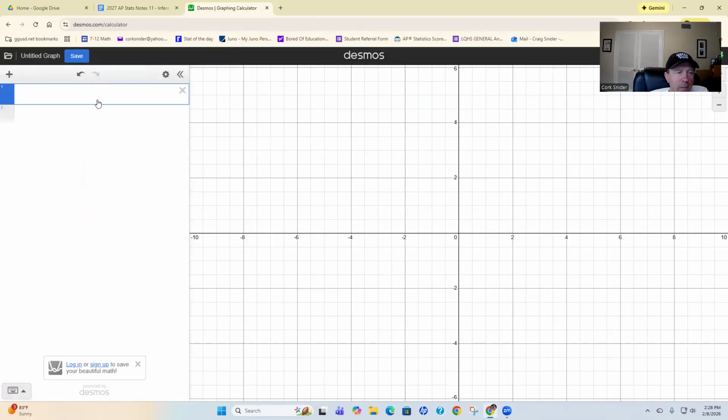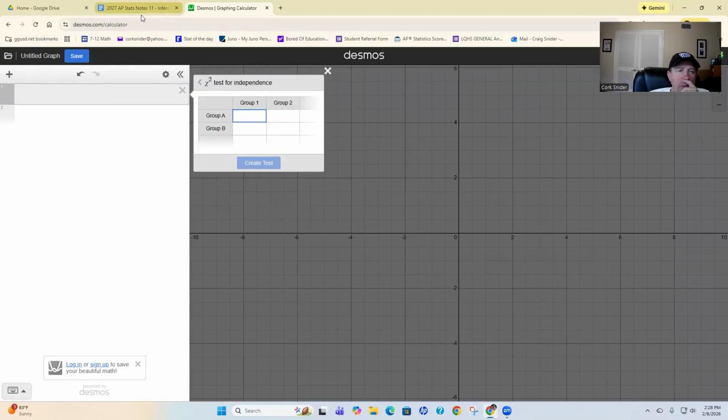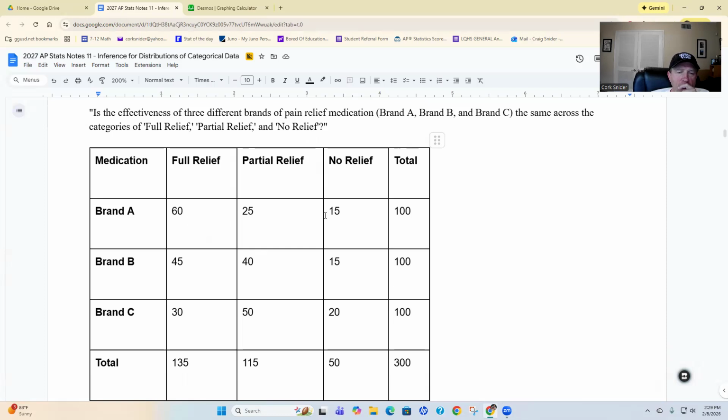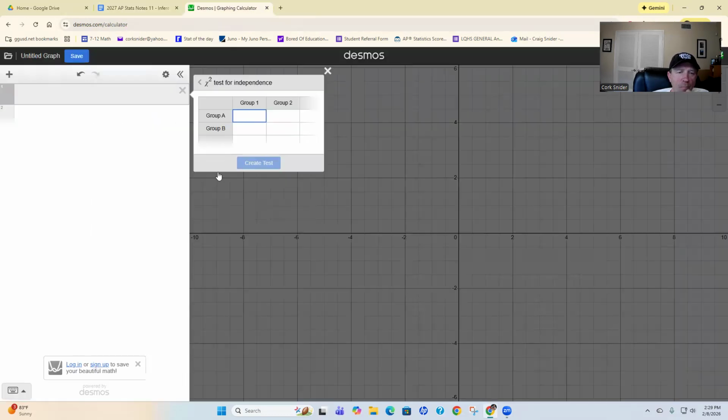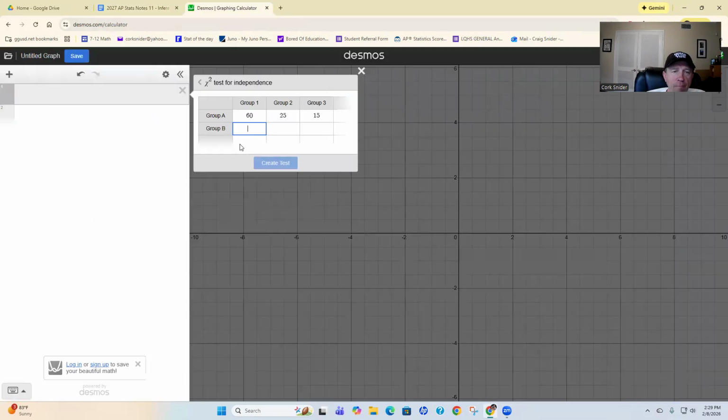Get rid of this. So type in inference. Okay, and we're going to go 60, 25, 15. 45, 40, 15.